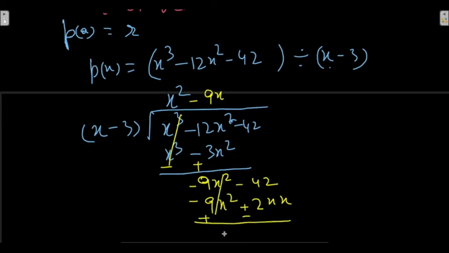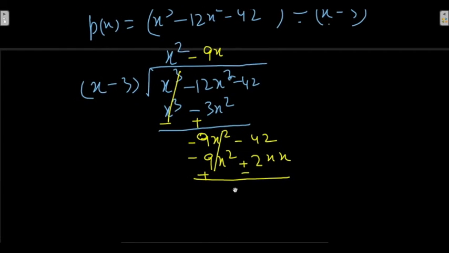This gets cancelled, so we get minus 27x minus 42.